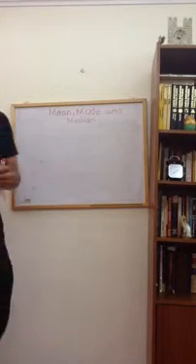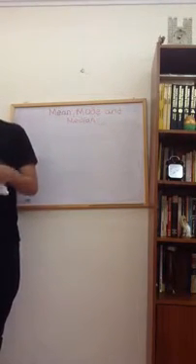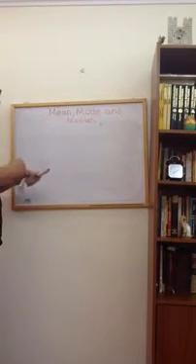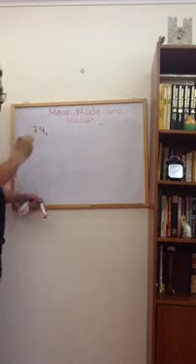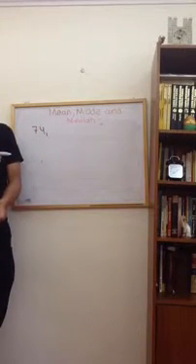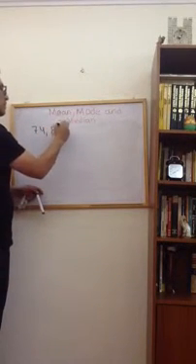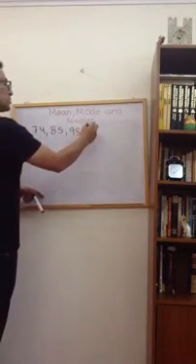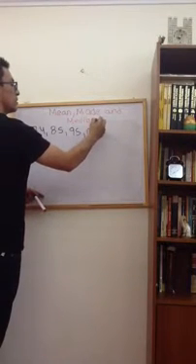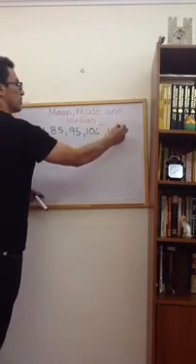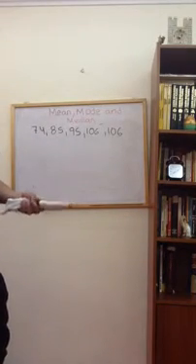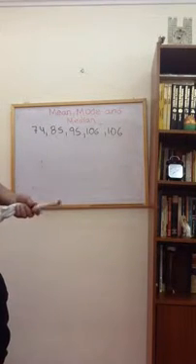So in order to find the mode, we're going to write the data again, as I wrote it the first time, which is 74, 85, 95, 106, and 106.